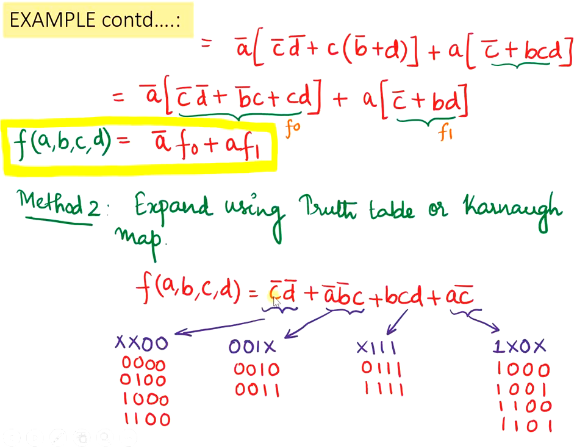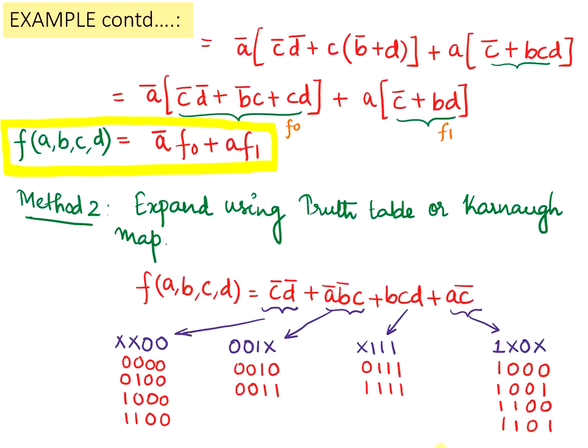So this C bar D bar can be represented as XX, where A and B are X and C and D correspond to 0 0 because they are complemented. So the various combinations for this are 0 0 0 0, 0 1 0 0, 1 0 0 0, 1 1 0 0. Similarly, we have this for the terms A bar B bar C, BCD and AC bar.